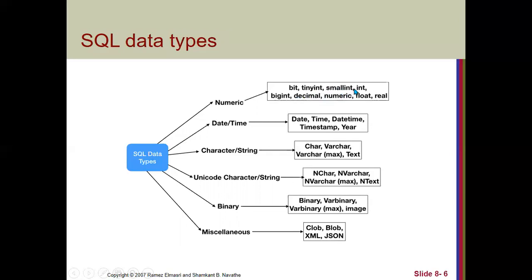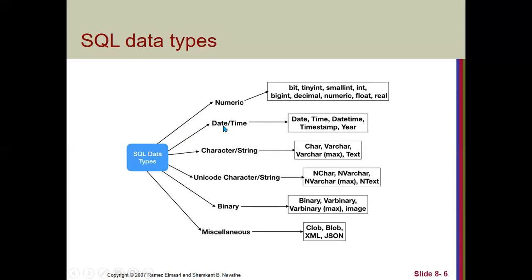Small integer, we have integer. This small integer is the usual integer. Big integer, which is for example long. Decimal, which is like float or whatever: numeric, float, real and so on. All these are numeric types you can specify when you define an attribute in the table.